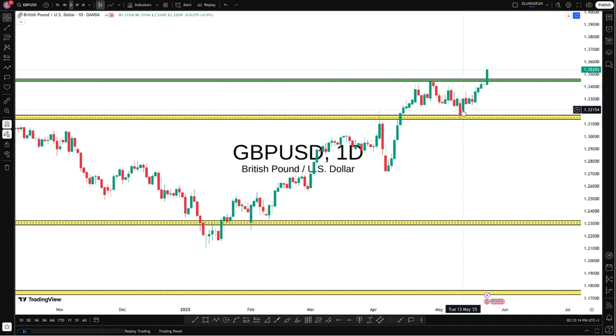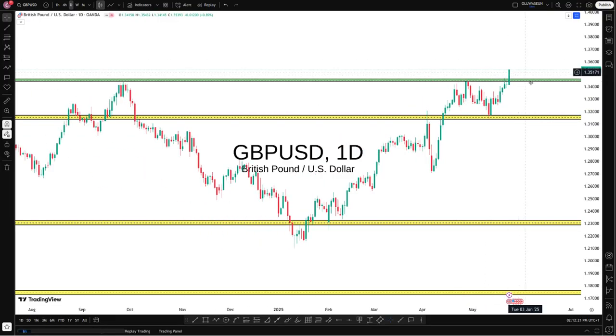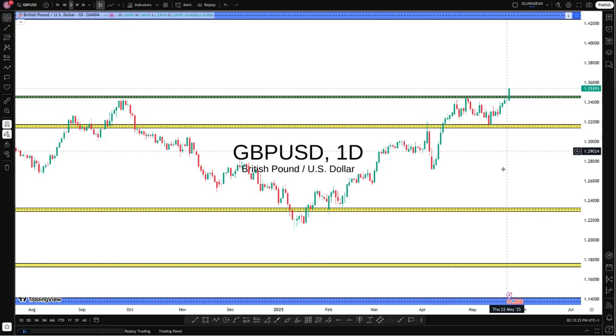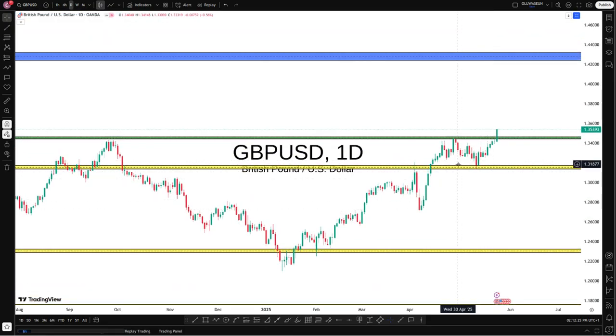So we broke out, and then we need to form a new higher high. Since we didn't get entry from here, we would have held the entry to this zone, but because we didn't get entry from here, let's see what we can do around here.